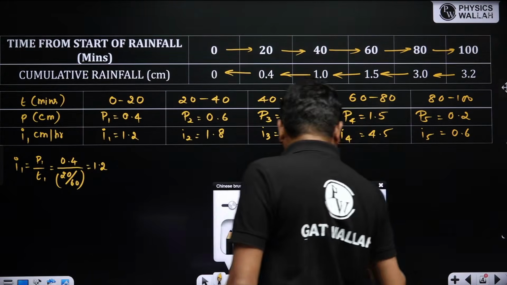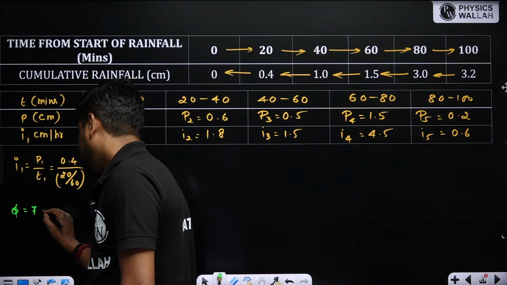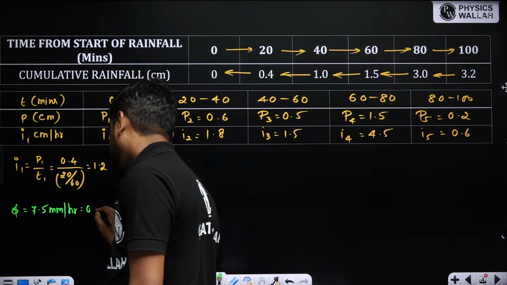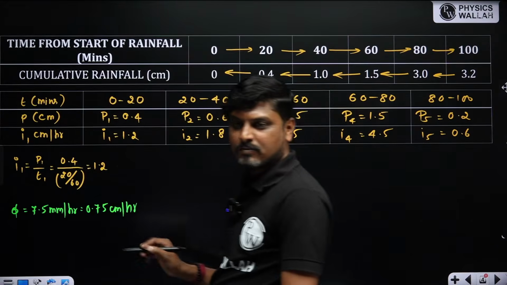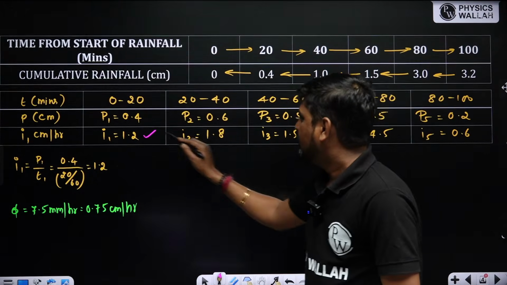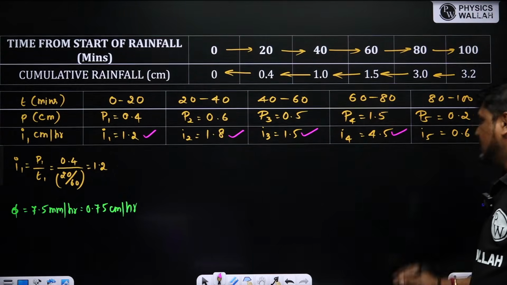Now in the question phi index is given. What is your phi index? 7.5 mm per hour, nothing but 0.75 centimeter per hour. Now here you can clearly see I1, I2, I3, I4 are greater than phi index.